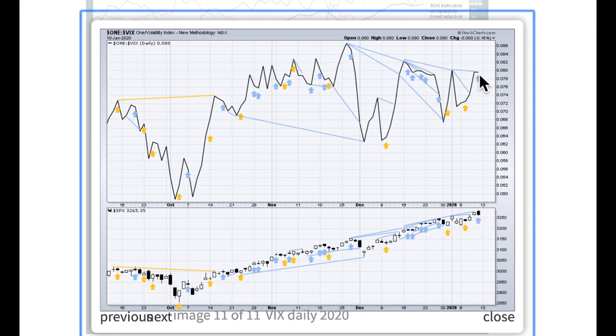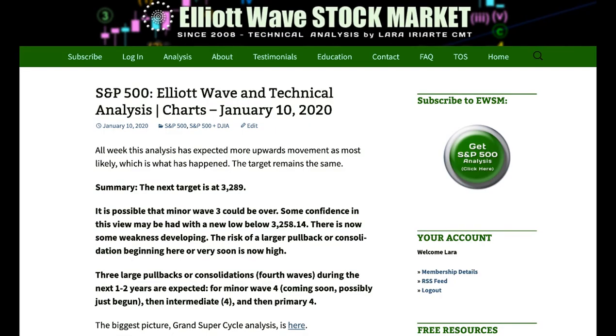Inverted VIX slightly declines. There is very small, weak, short term bearish divergence here, but again, I'm not going to give that much weight. I want to see a new low below 3258.14 for the very short term before I have any confidence whatsoever that minor 3 may be over and minor 4 might have arrived. When price remains above that point, assume the trend remains the same, upwards.